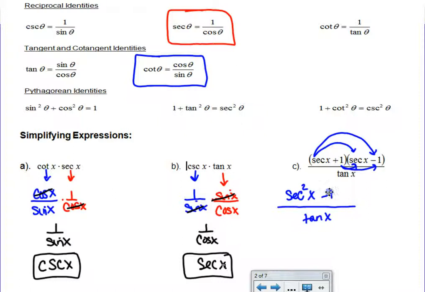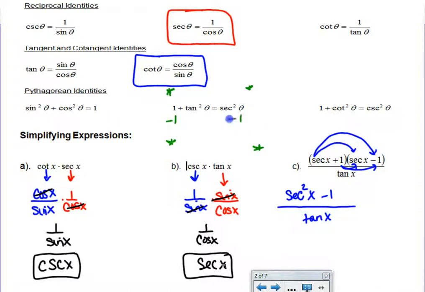Okay, just look at the numerator for me. I think he's something very special. Everyone's very special. I think that he is some strange manipulated version of this formula: 1 plus tangent squared equals secant squared. How could I rearrange this formula to make it look like secant squared minus 1 just on one side?